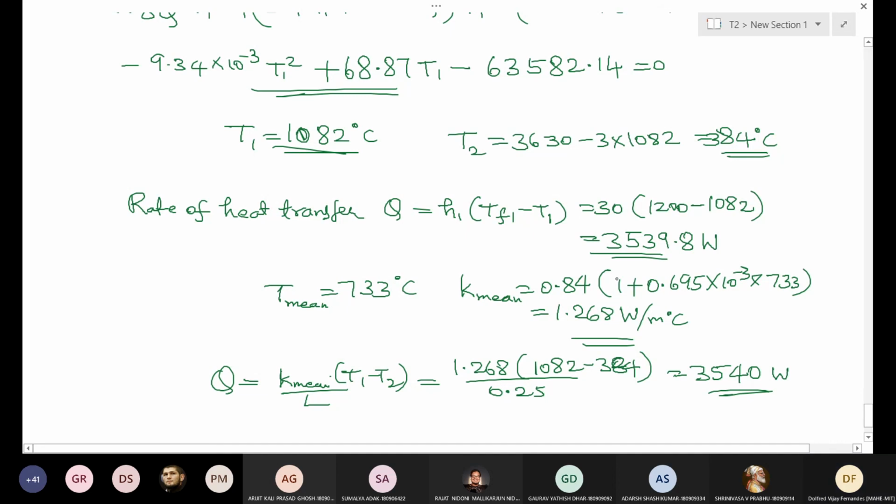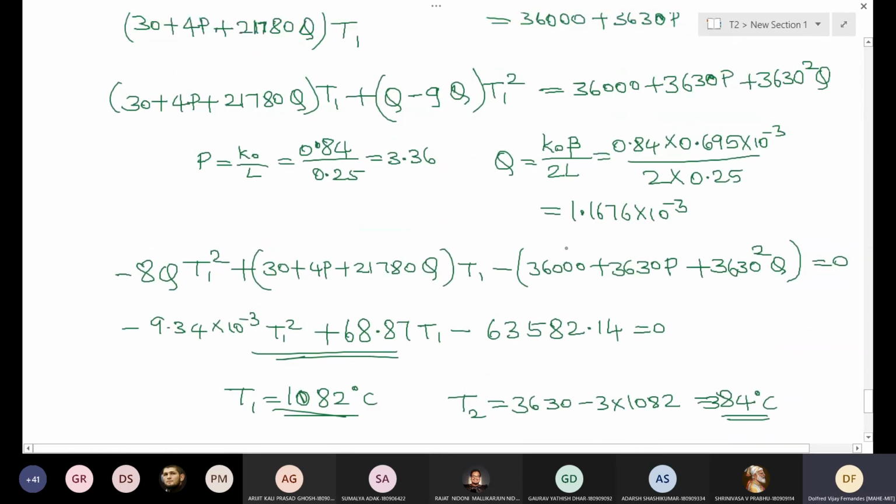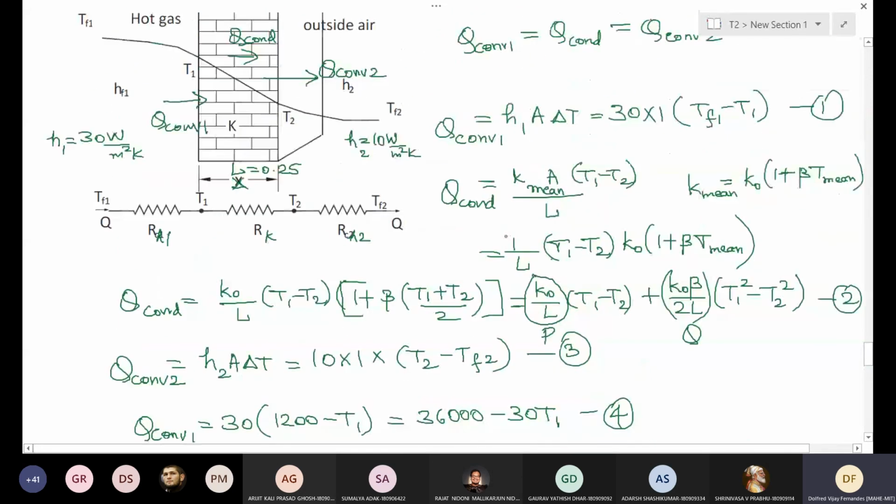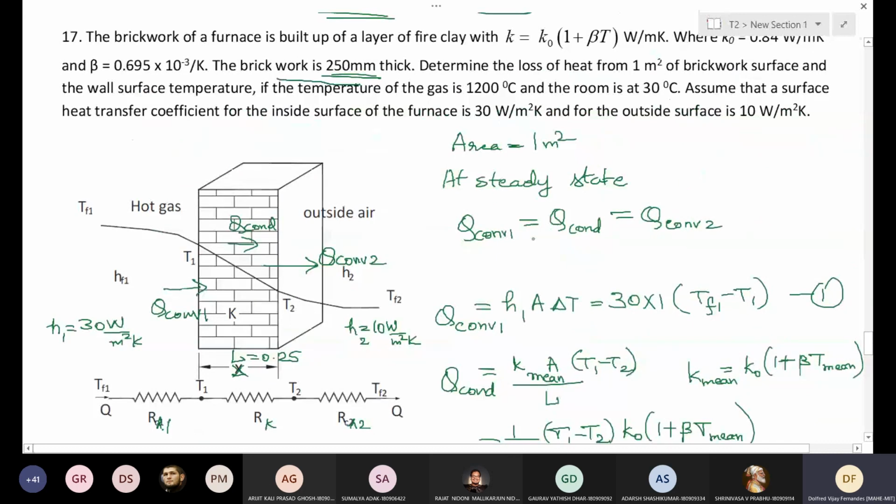If the surface temperatures are given, then it's very simple. So practice one or two similar problems. This is a really good problem and takes time to solve.